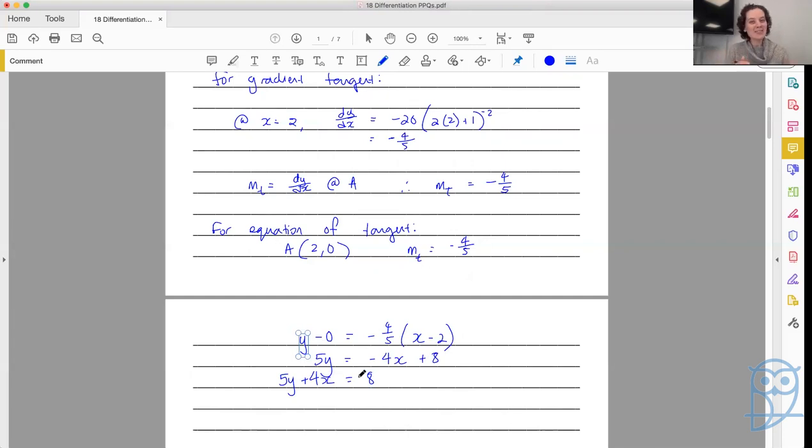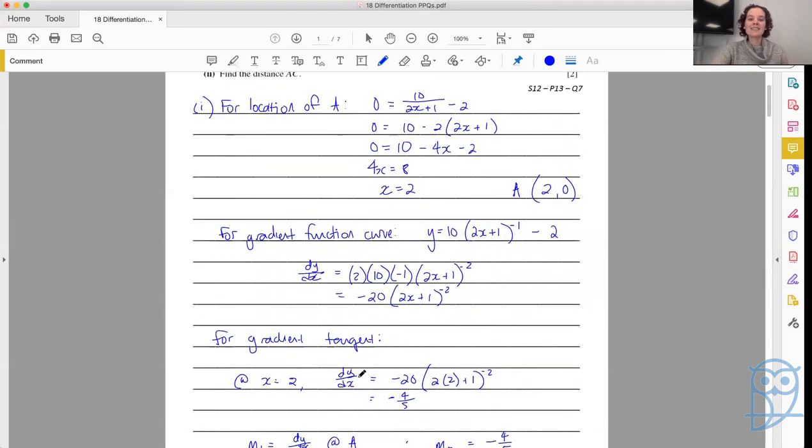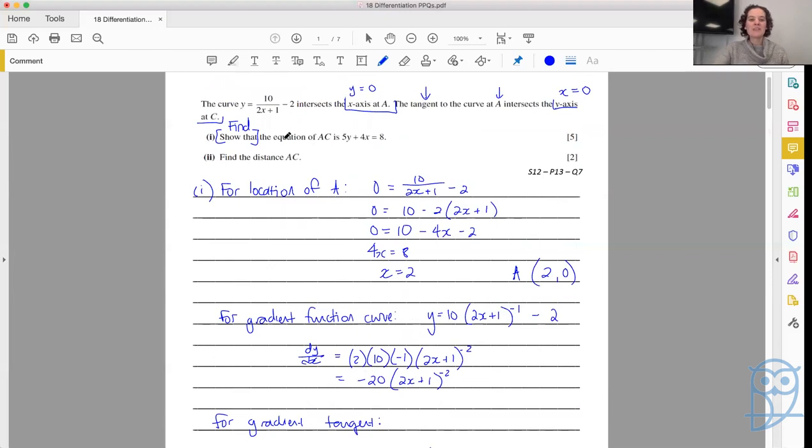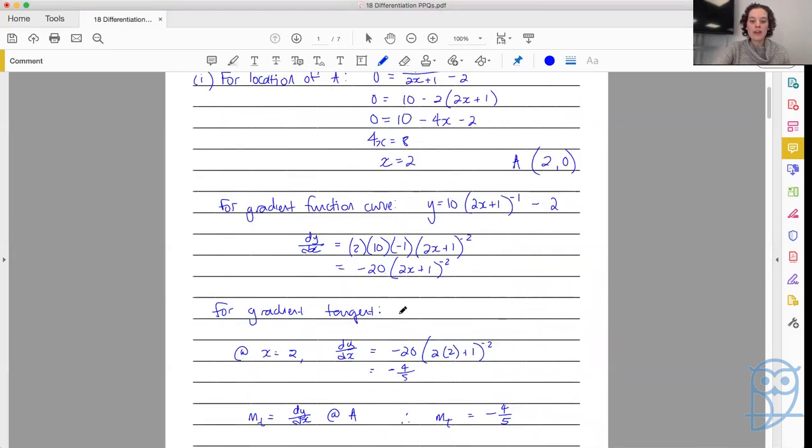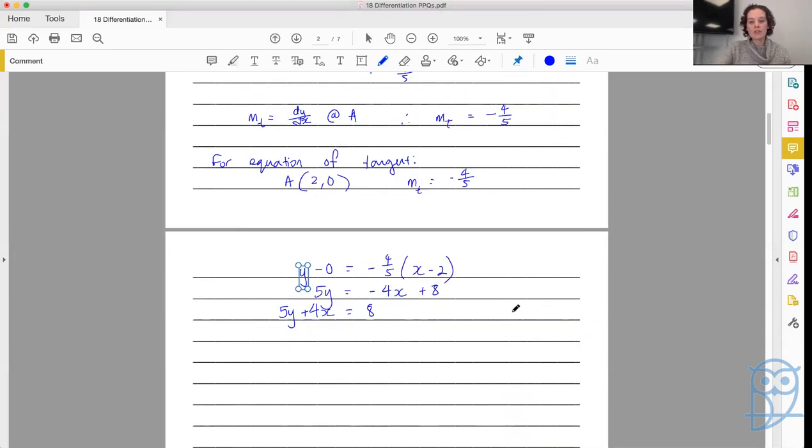That should sound familiar because, way back up here, show that the equation of AC is 5y plus 4x equals 8. If we work through each of our steps, we've got the same answer as them. So we have shown, completely independently, that this is the equation of that tangent.